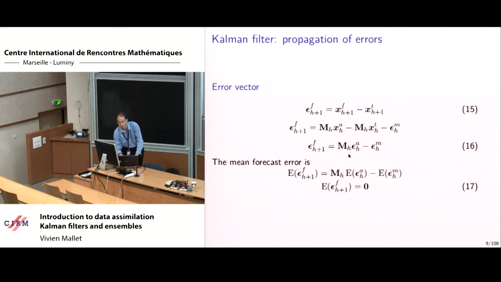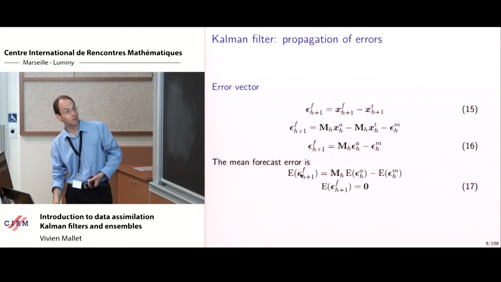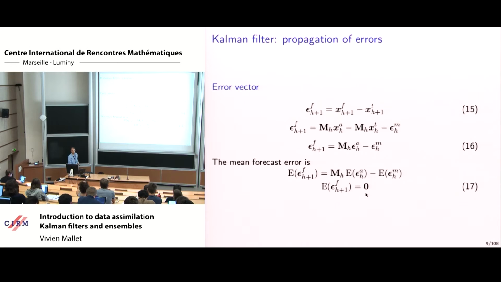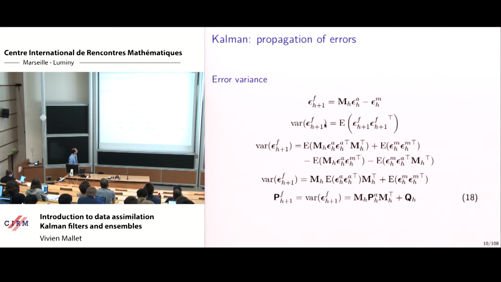And so the forecast error at time h plus 1 looks like this. It's the model applied to the analysis error, minus the model error. Since the expectations of the analysis error and the model error are 0, you still have 0 mean on the forecast error. Nice. And you can compute the variance. It's fairly trivial to do. If you put this expression of the error into the variance and expand, the cross terms are zero, because we assume no correlation between the model error and the analysis error.